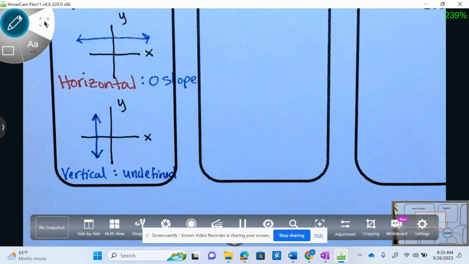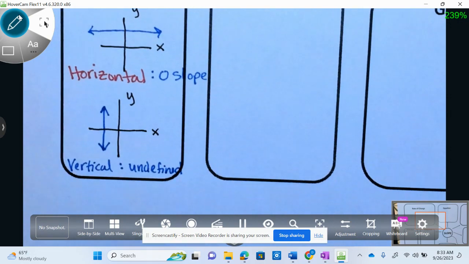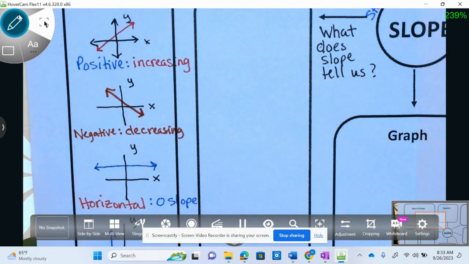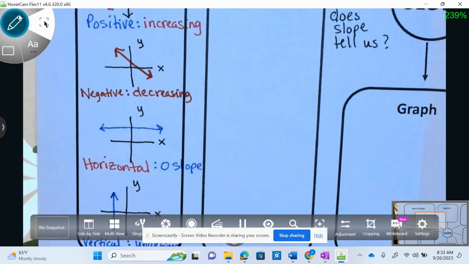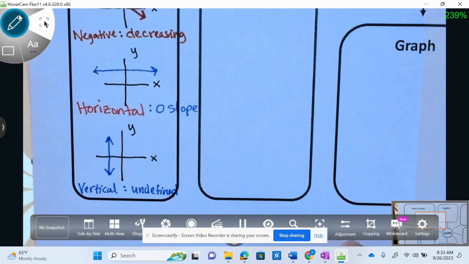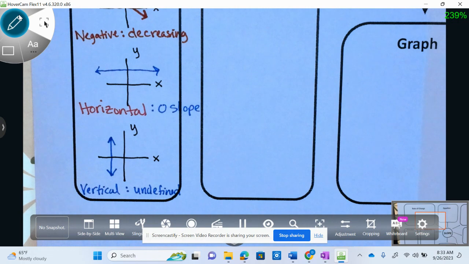That's a vertical line. So I'm going to zoom out for a second so you can see the last 2 that I did, horizontal and vertical. I'm going to wait a second and then I'll slide it up if you need to see the positive and the negative.